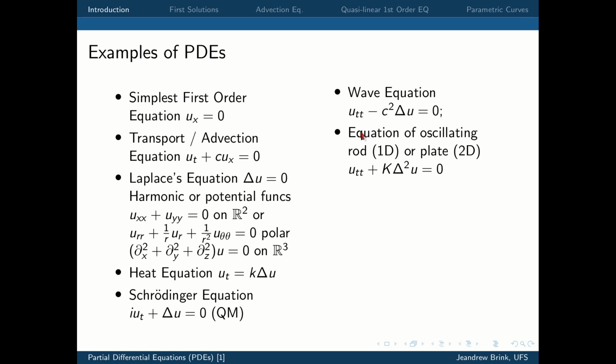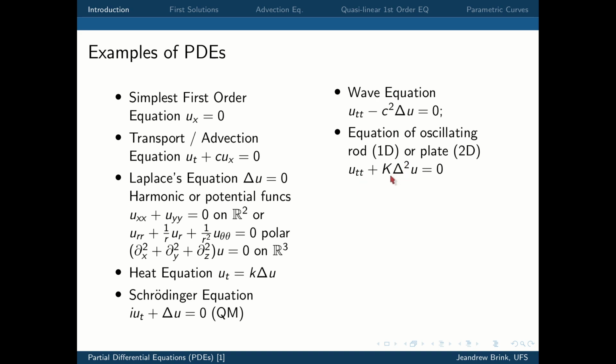Another equation is the equation for an oscillating 1D rod or plate. It's not the wave equation. It's simply a second derivative in time, and this is the Laplace operator squared.